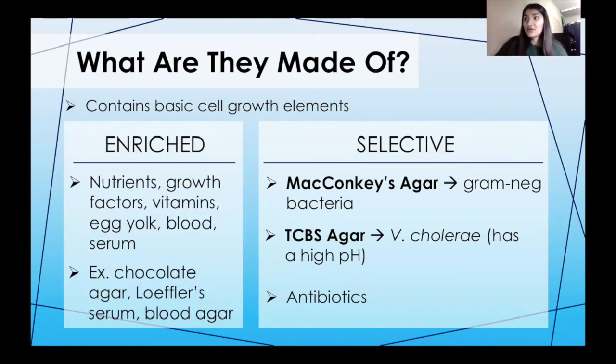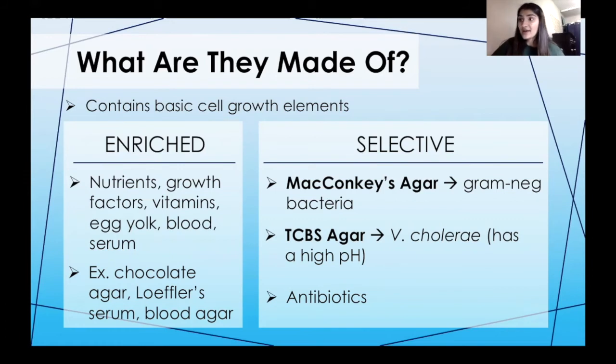For example, McConkey's selective bacterial growth medium will only allow the growth of gram-negative bacteria. Additionally, selective media such as TCBS agar, which stands for thiosulfate citrate bile salt sucrose agar, is used for isolating V. cholerae from fecal specimens because they have an elevated pH of about 8.5, which inhibits the growth of most other bacteria.